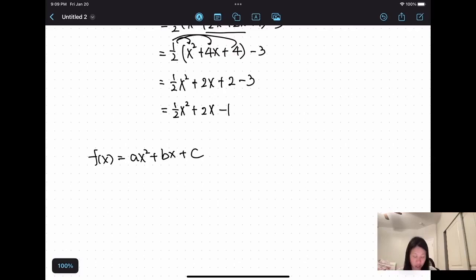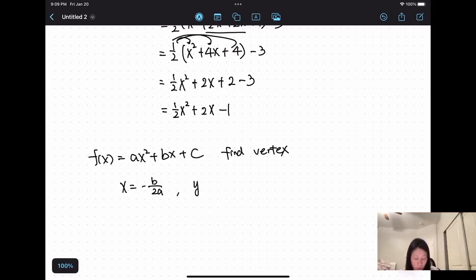How do I find the vertex? Well, we find the x coordinate of the vertex, which is x equals negative b over 2a. So that's the x coordinate for the vertex.